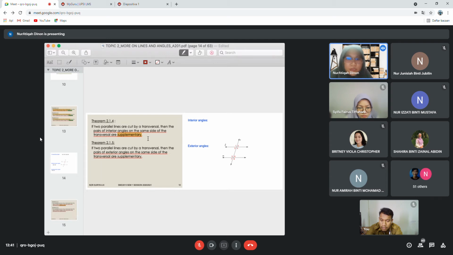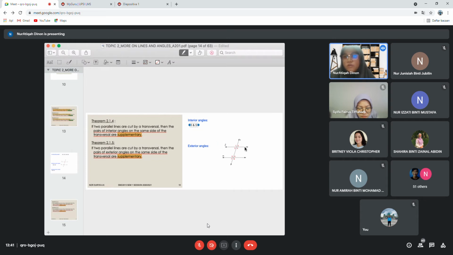First, sekejap, I need to highlight this one. Okay, which one? For the interior, the pair is? 3 and 5. Yes, the first one.